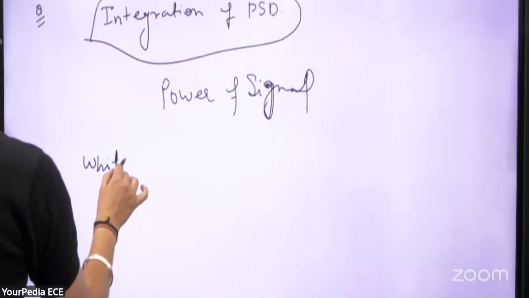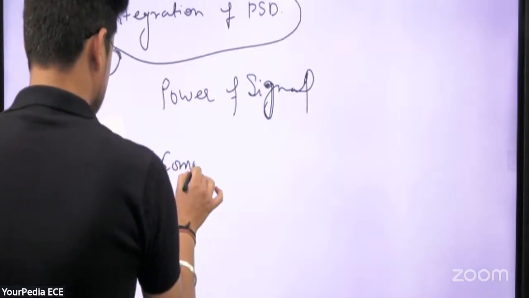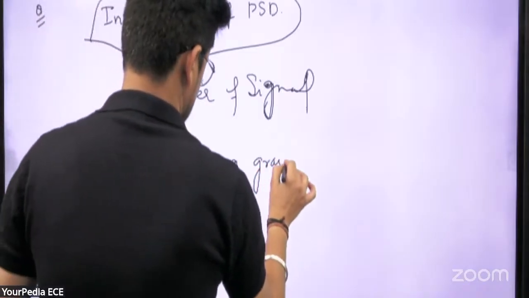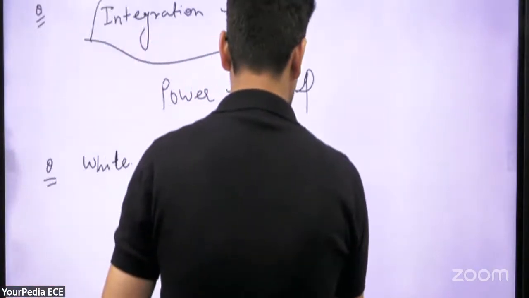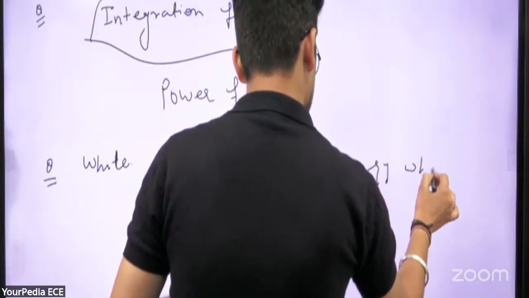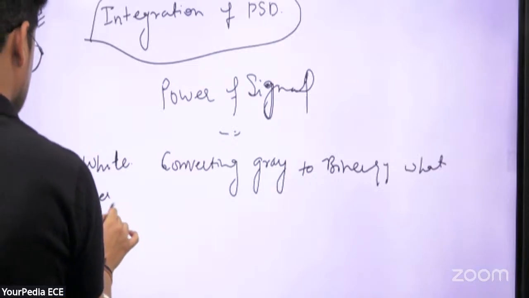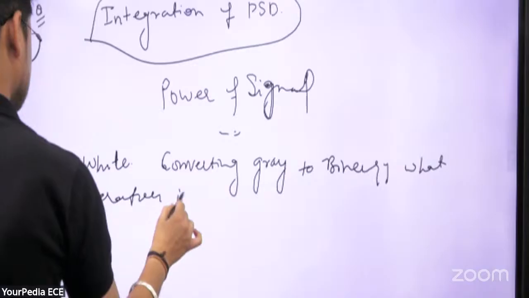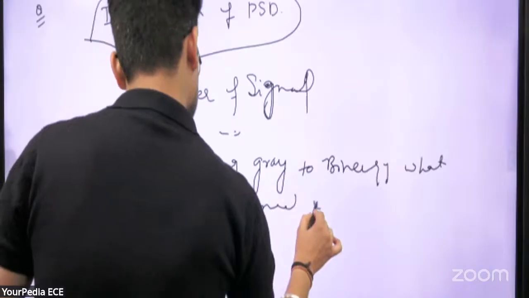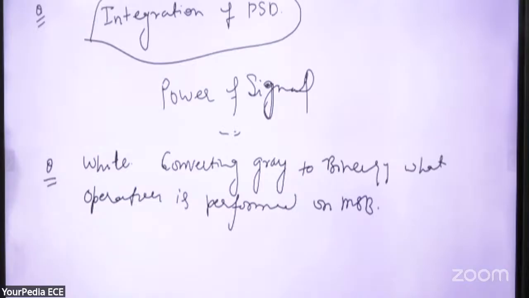While converting gray to binary, what operation is performed on the MSB?